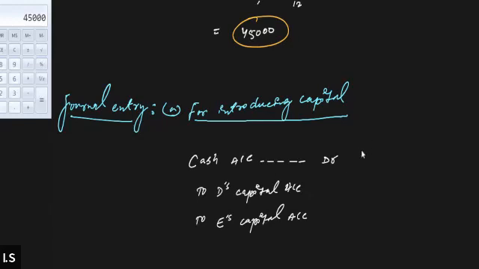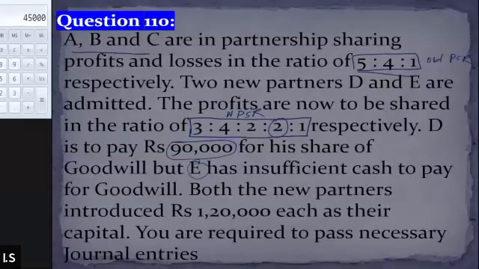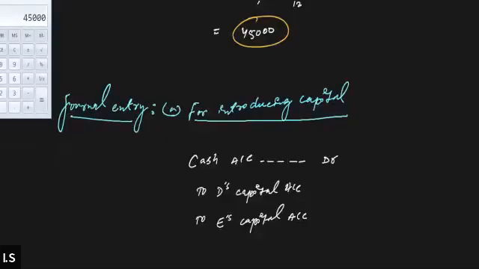Right, everyone? Both the partners have brought in 1,20,000 as their capital, so 1,20,000 for each of them. 2,40,000 will be total. Cash account will be debited by a total of 2,40,000.